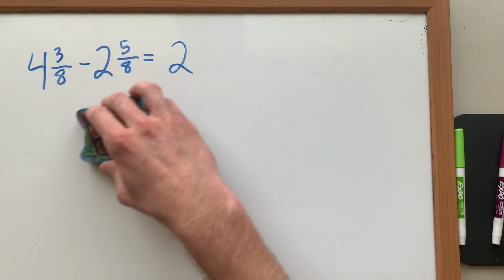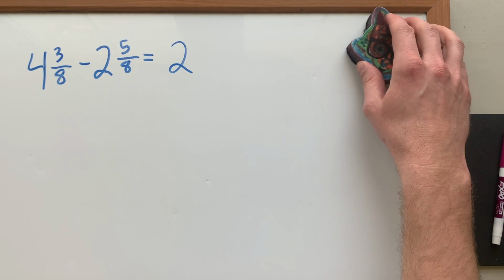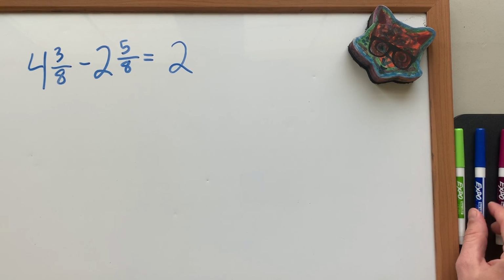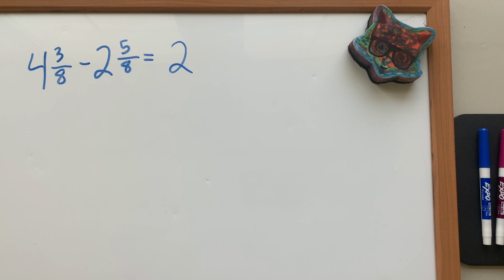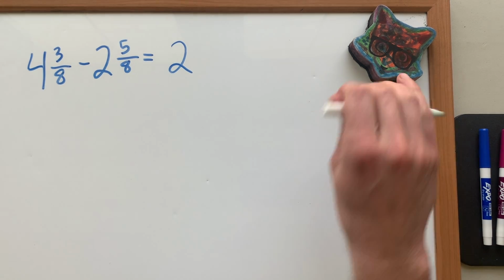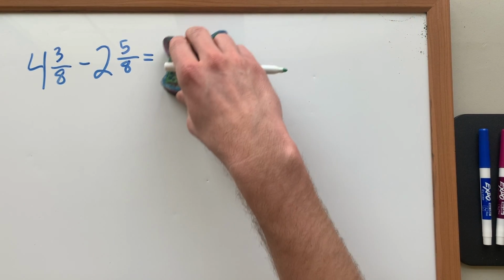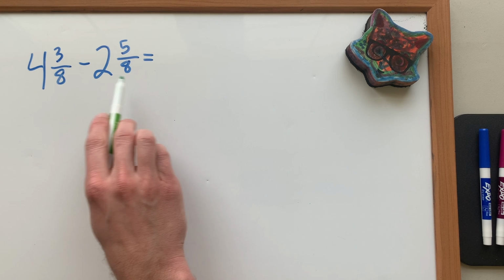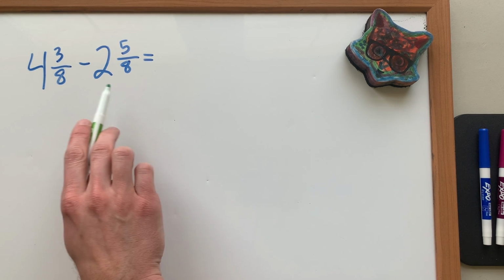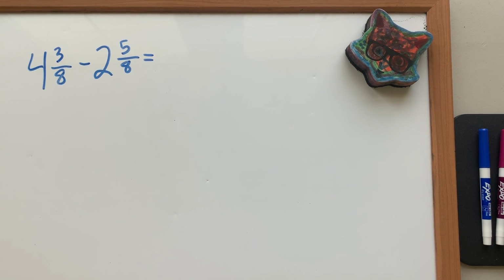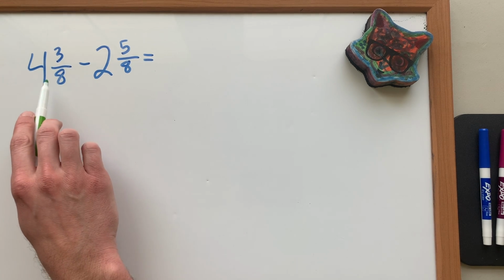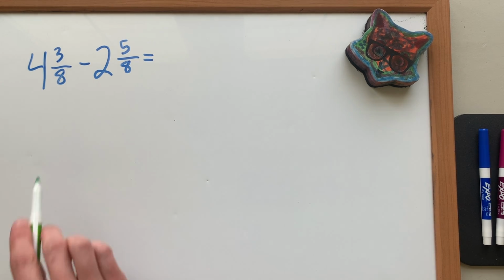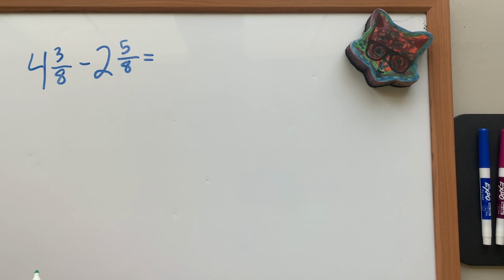Well, we're going to have to do a little bit of an extra step. Let's take a different color here. We're going to convert these mixed numbers into improper fractions. They have the same common denominator, but in their current form, we can't subtract them. So let's do the first one, 4 and 3/8, and convert that to an improper fraction.